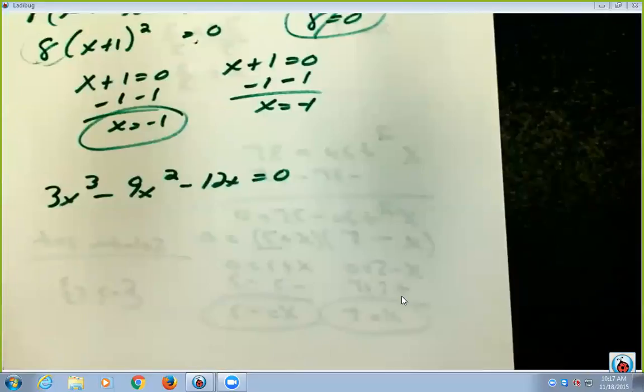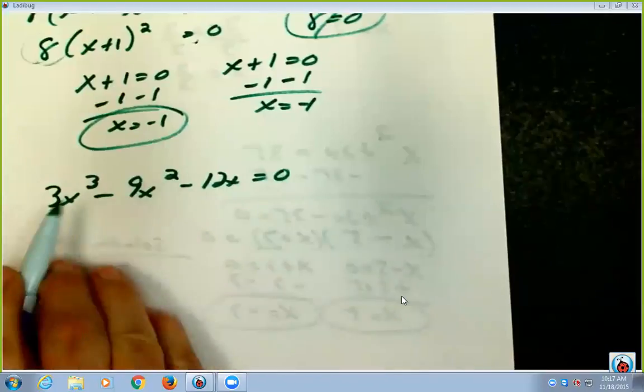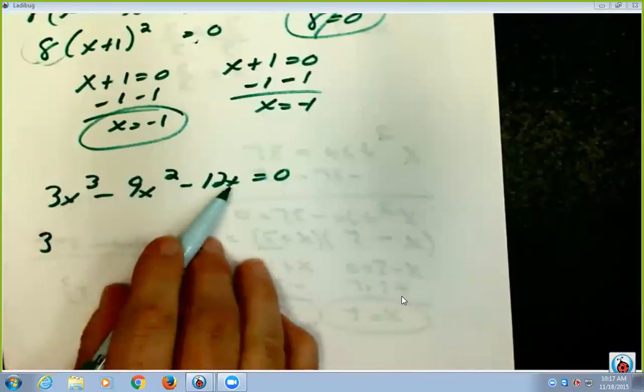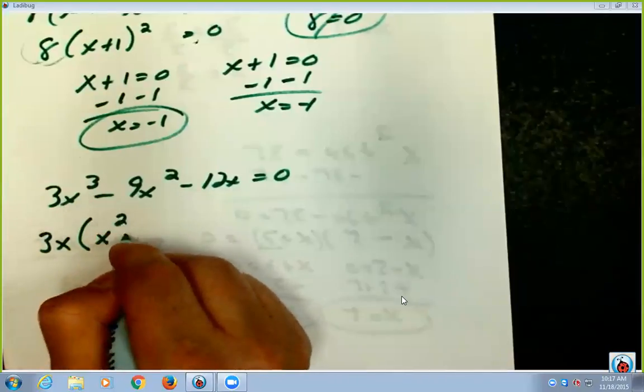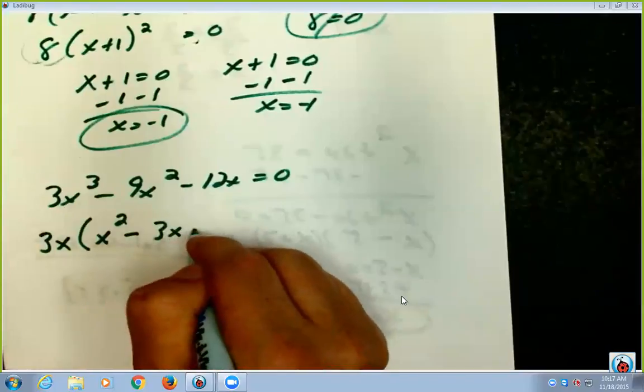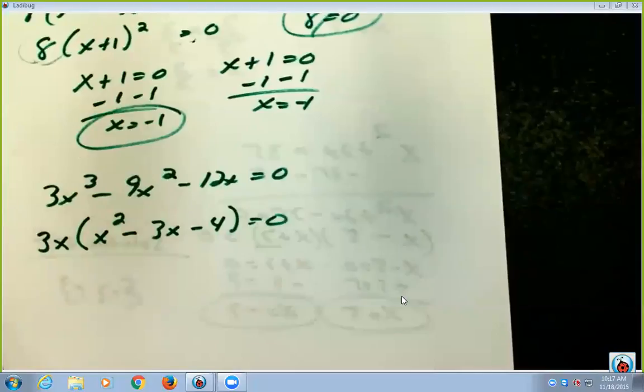So first, can we take something out? What can we pull out? Well, 3, 9, and 12, we can pull out a 3. x cubed, x squared, and an x, so I can pull out an x. That leaves me with x squared minus 3x minus 4 equals 0.